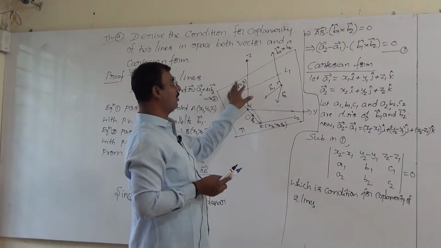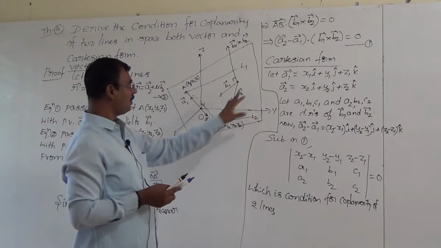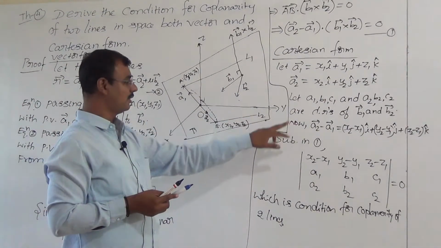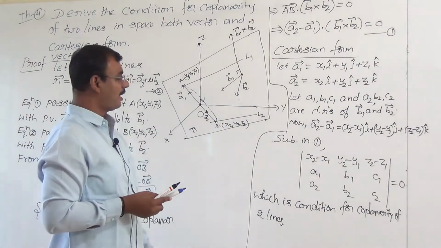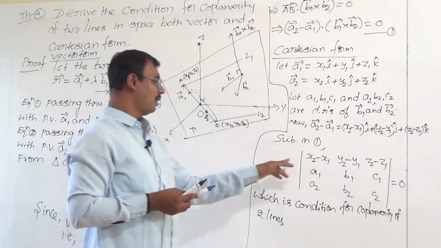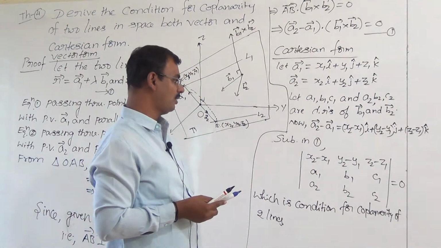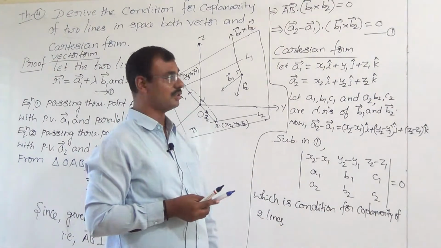From this we derive the Cartesian form. Very simple: take the A1 vector, A2 vector and DRs, then substitute and write directly in matrix determinant form: determinant of x2 minus x1, y2 minus y1, z2 minus z1, a1, b1, c1, a2, b2, c2 equal to 0.